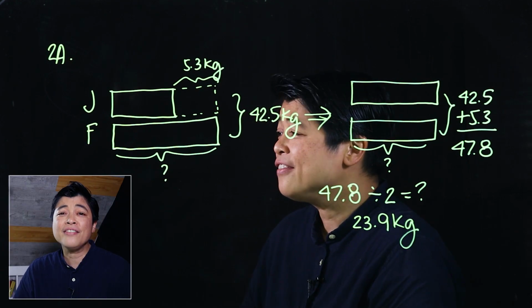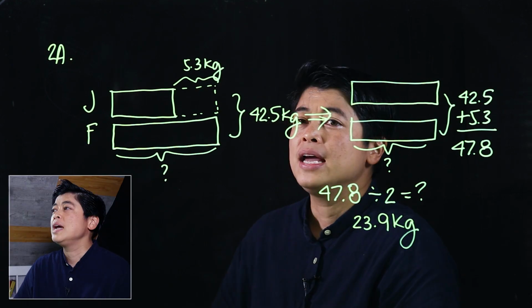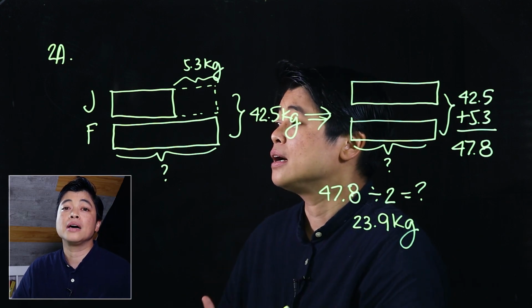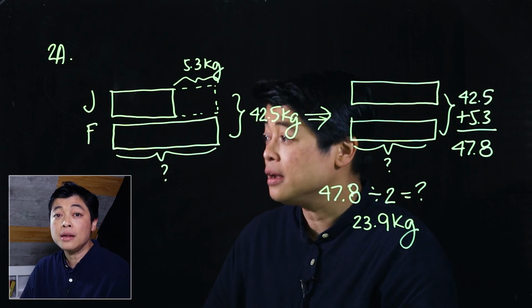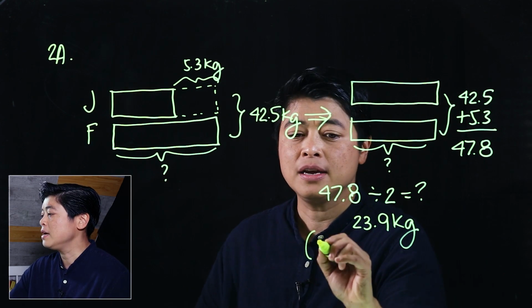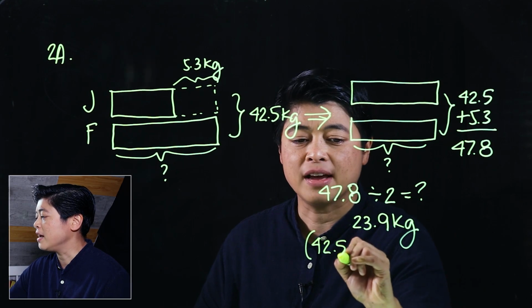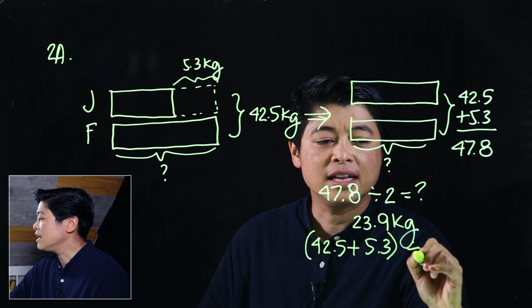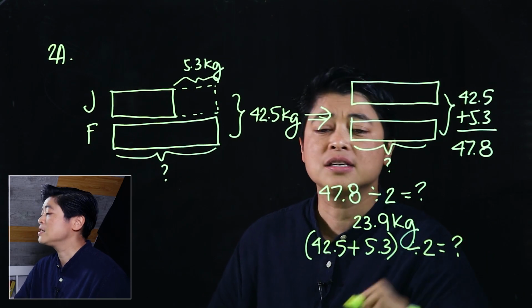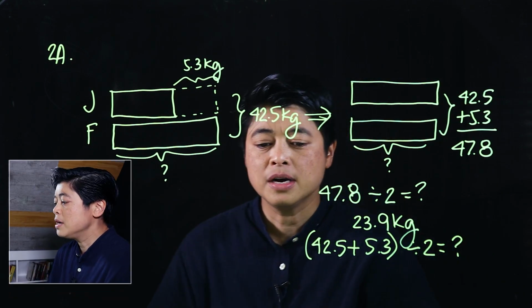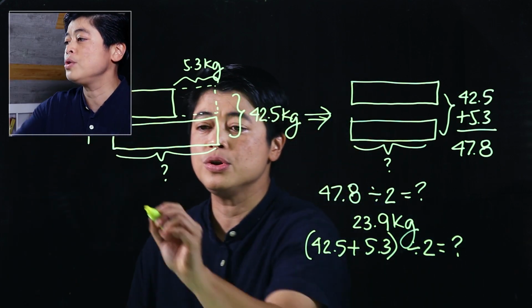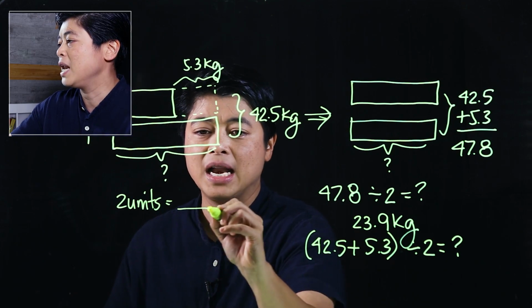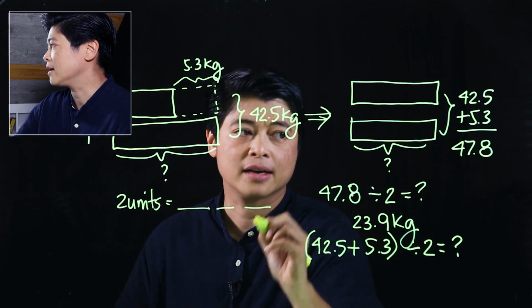Now, if calculators are allowed and we want to show this in the order of operations model, this would have been 42.5 plus 5.3, divided by 2, equals question mark. According to the book, they gave 2 units. So 2 units equals blank, blank, blank.